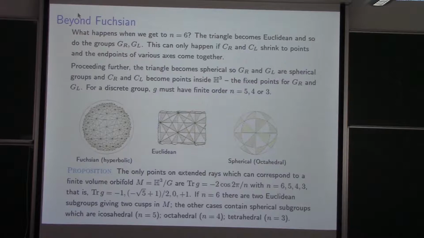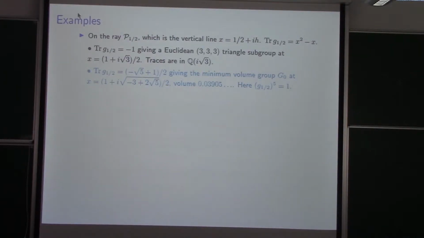Okay, and then you go back and you start looking at the picture, following down the rays, chasing up your dots and trying to compare it to Gavin Martin's lists of groups. And for example, you find the minimum volume group is exactly where the 1/2 element happens to correspond with the 3, 4, 5 spherical subgroup.